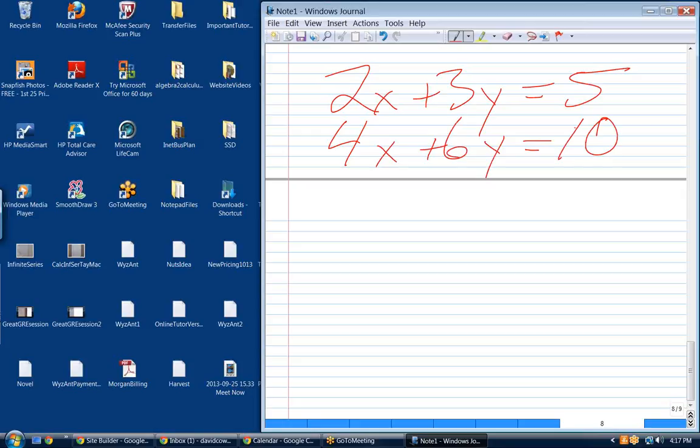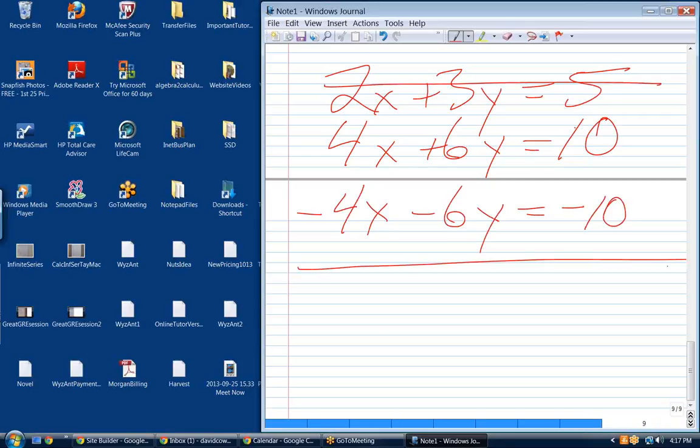What do you have to do to the top equation? You can multiply it by negative 2. So we get minus 4x minus 6y equals minus 10, right? Yes. Now add both of those equations. What do you get? 0 plus 0 is equal to 0.